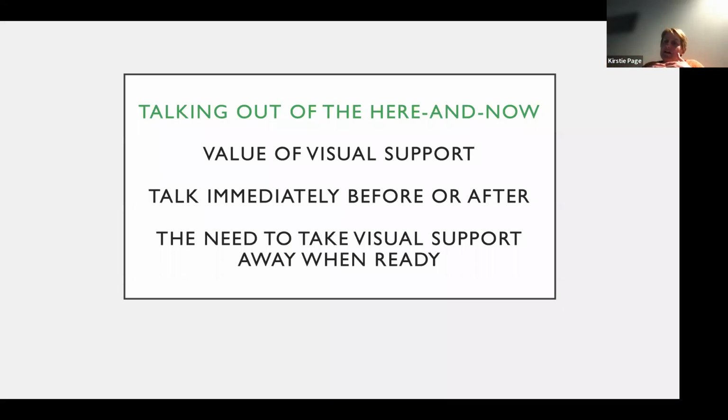So that if there is an issue, we can quite quickly go back to the activity or start the activity, and then the language and the visual support is there. But I create that opportunity in a very incremental, realistic, achievable step to see if a child can begin to talk out of the here and now without visual support.